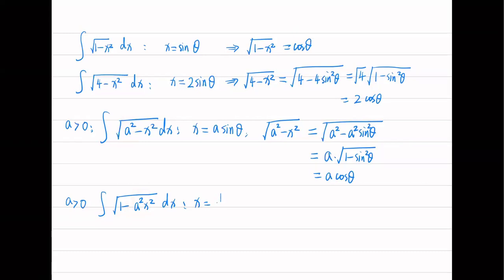It will be x equals 1 over a times sine theta. The reason for this is we want to get rid of the square root. That's the main purpose. 1 minus a squared x squared. Okay, we simplify this. Okay, Zishen, you give us the idea. How do you simplify this?